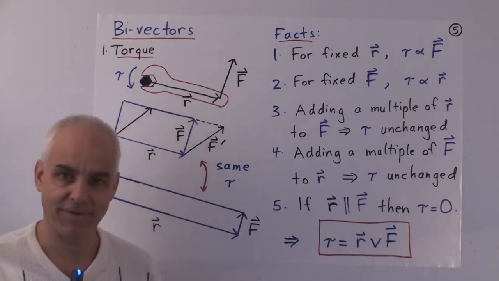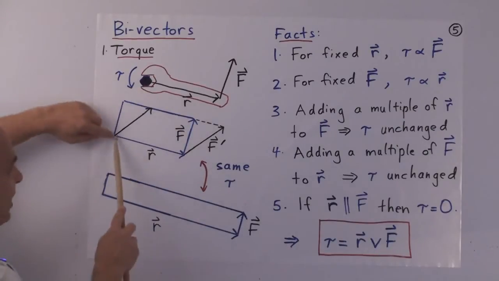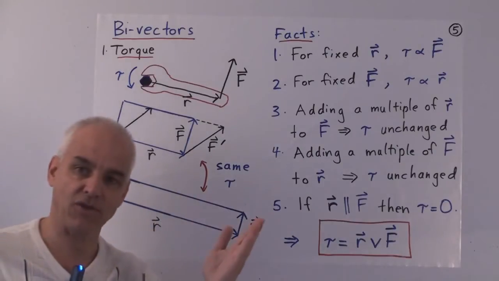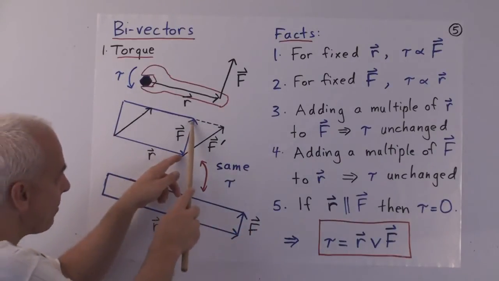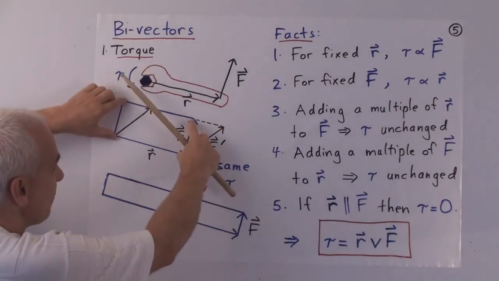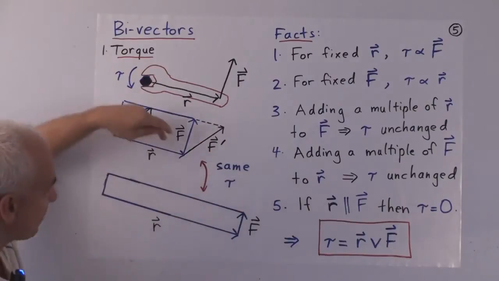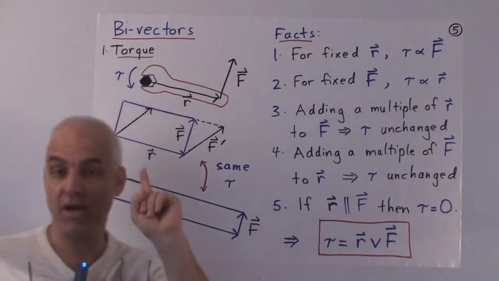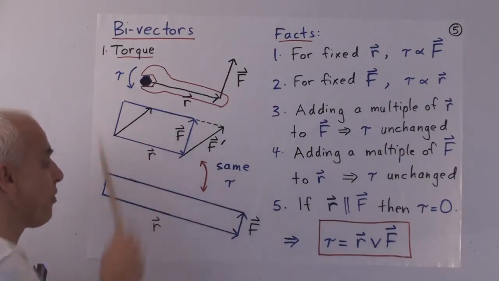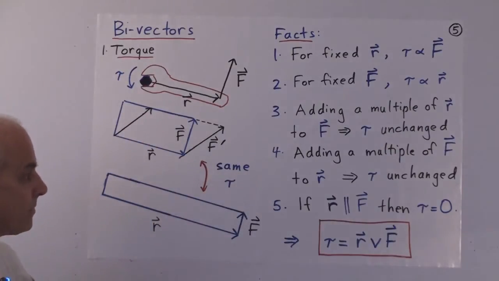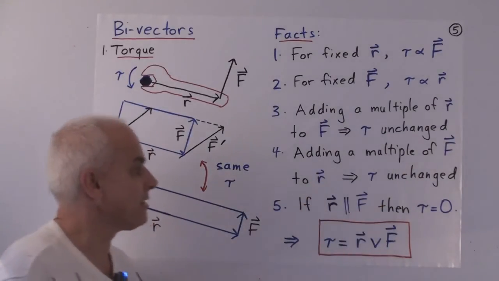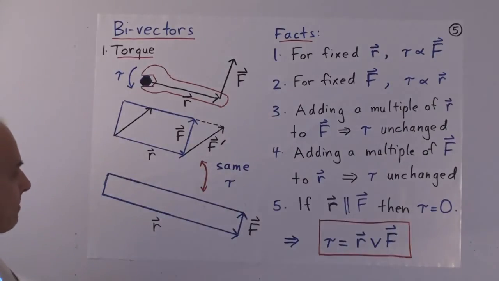The geometrical interpretation of that is that it's really the area formed by R and F which is crucial, which is determining the torque. If we move F to F prime by adding R, what we're doing is we're shifting from this rectangle to this parallelogram, but the vertical height is still the same, so the area is unchanged. So it's really the area of this thing which is proportional to the torque. Similarly, if we add a multiple of F to R, then tau is also unchanged.